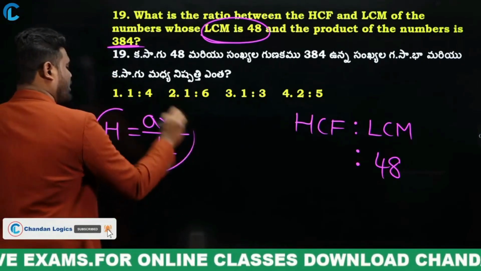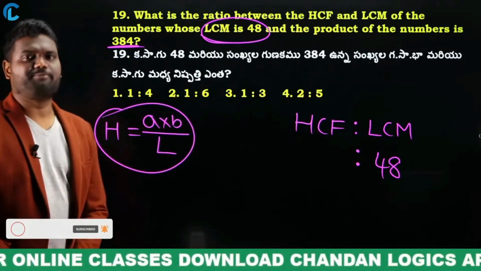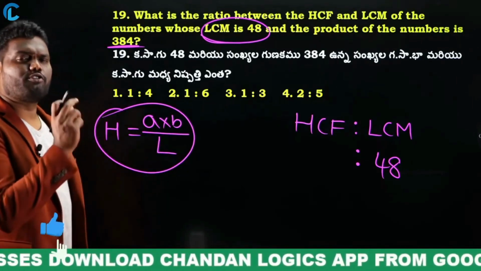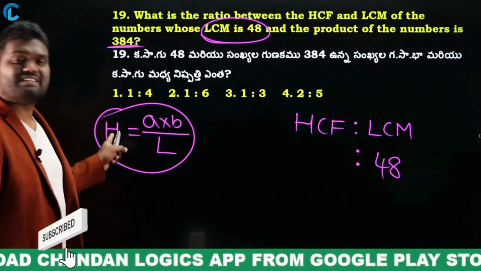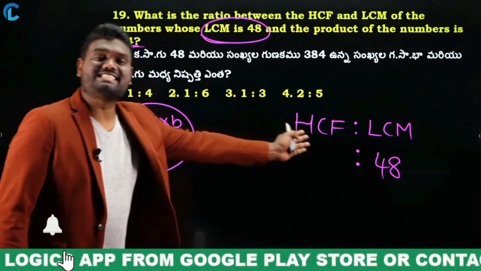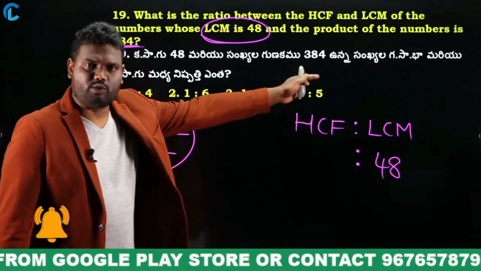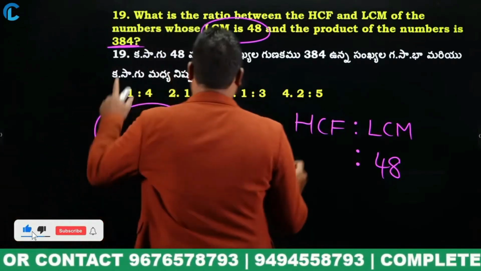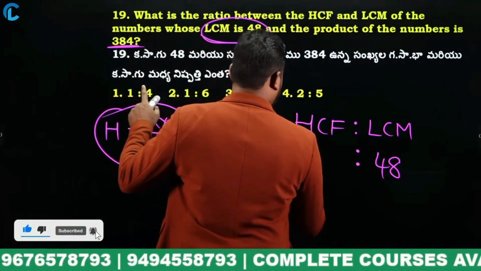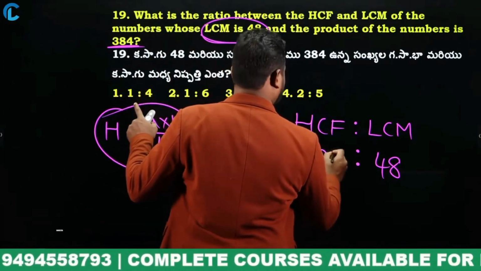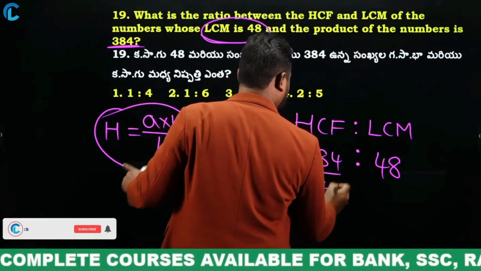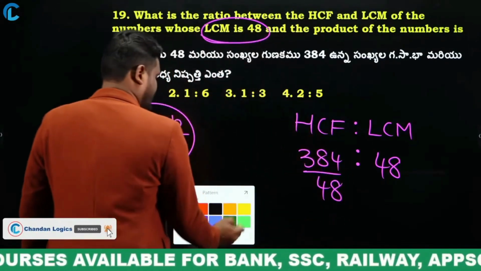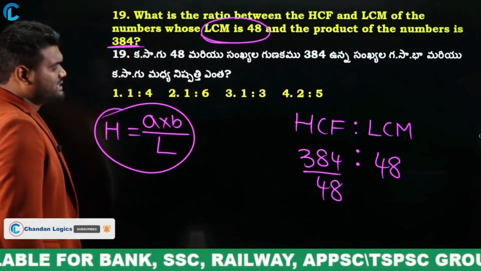HCF is not directly given to us. But we know the product of two numbers and we know the LCM. So 384 divided by the LCM, 48, is going to be how much? Now just simplify this one.